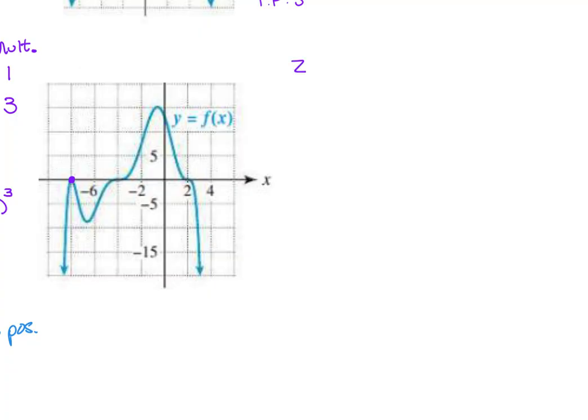And so my zeros, we're going to have x equals -8. We also have one right here, so that's going to be x equals -4. And we have one right here, which is x equals 2.